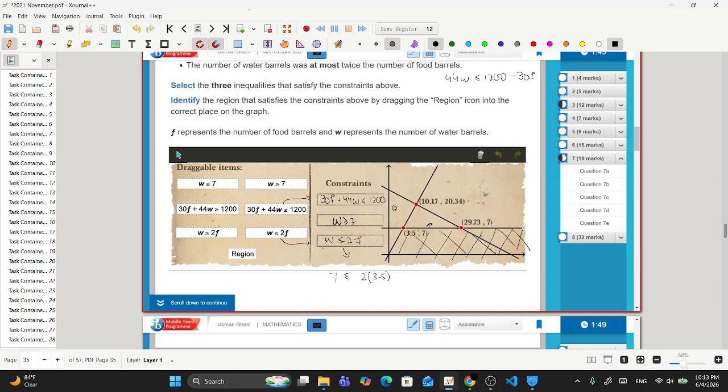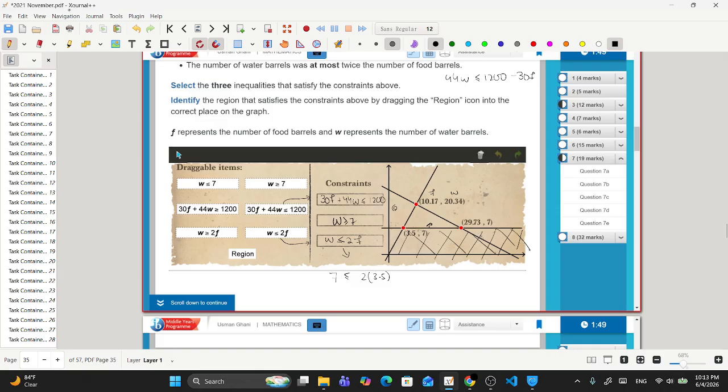If we were to substitute the value of W as Y, so let's say this is W, this is F. Are we going to have an answer of lesser than or equal to 1200? Let me check. 30 multiplied by 10.7 plus 44 multiplied by 20.34. We are having an answer of more than 1200.